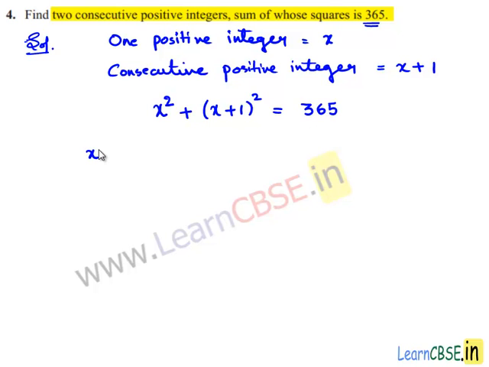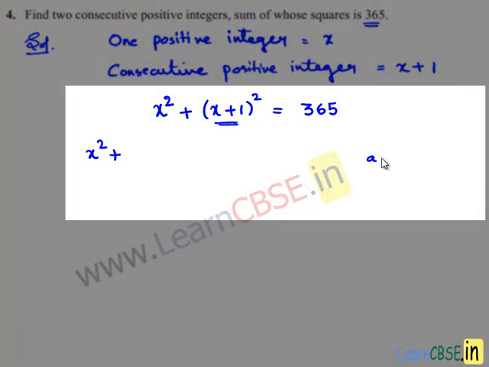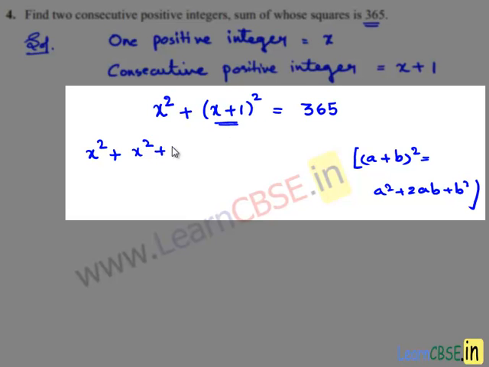We know that (a plus b) whole square is equal to a square plus 2ab plus b square. By using this identity, we can expand (x plus 1) whole square, and this becomes x square plus 2x plus 1 is equal to 365.